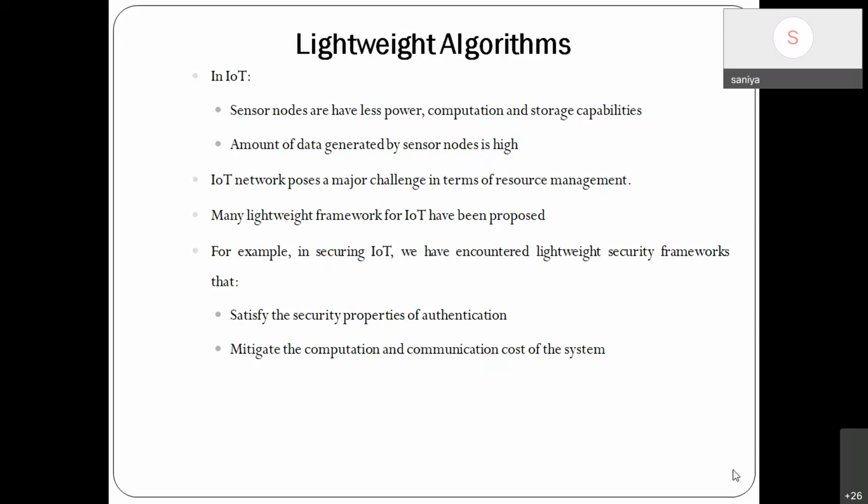If you are trying to decrease the computation or communication cost of a system by using a lightweight algorithm, it has an impact on the resources. More computation means more energy, more storage, more processing it will require. So if you are going to use lightweight, obviously the resource consumption will be less. So you are anyway trying to optimize the resources.